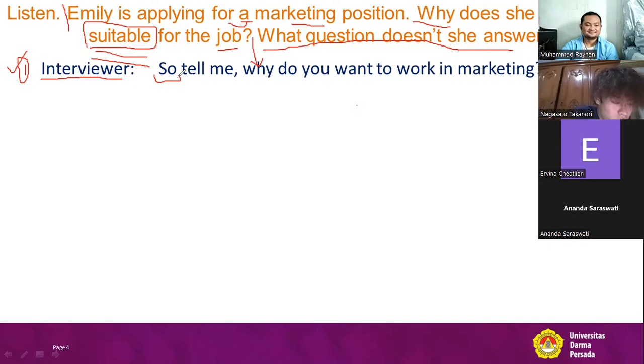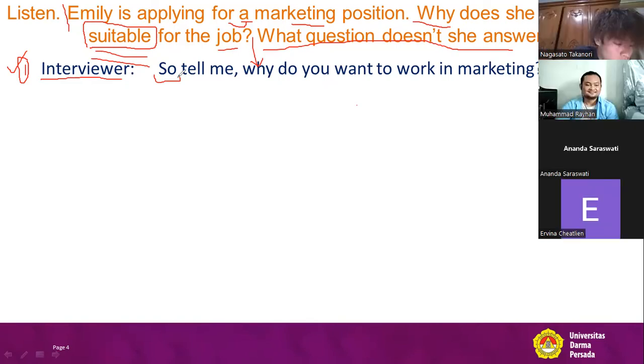It's like a filler. Filler means you want to spend some time just to think, a few seconds, so maybe you want to pause for a while.